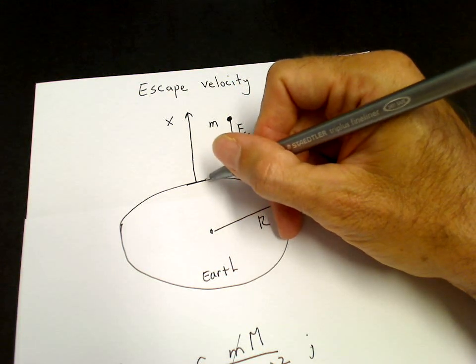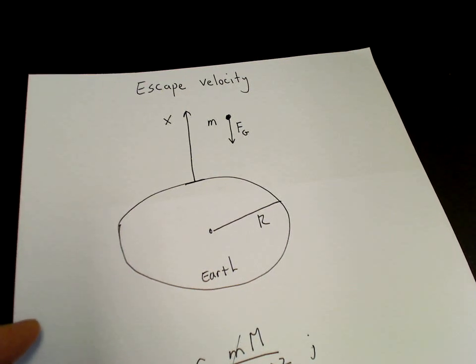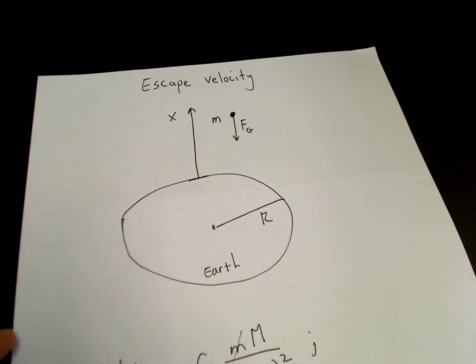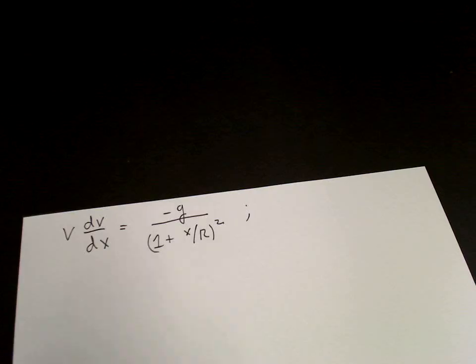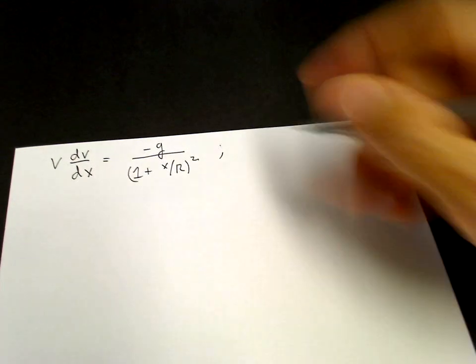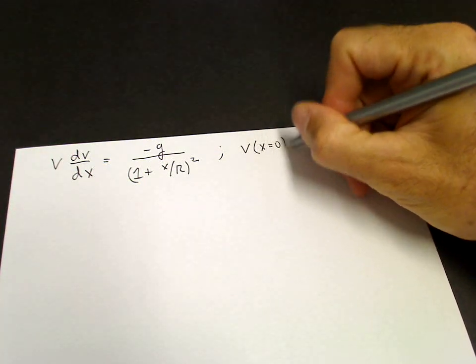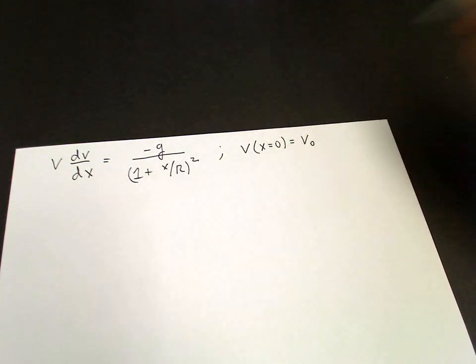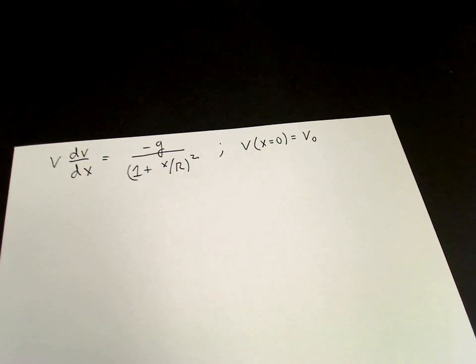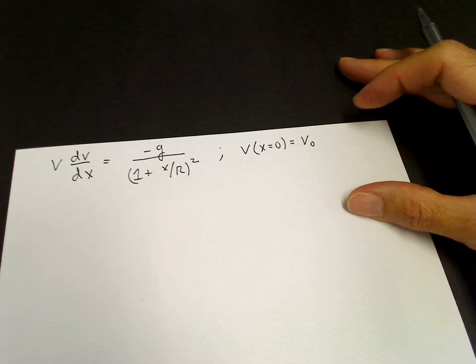So at the surface of the Earth, the velocity of the mass will be our initial velocity, v naught. So we have v at x equals 0 is our v naught. So that gives us our differential equation.